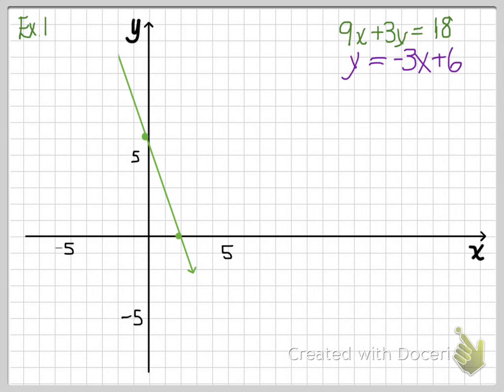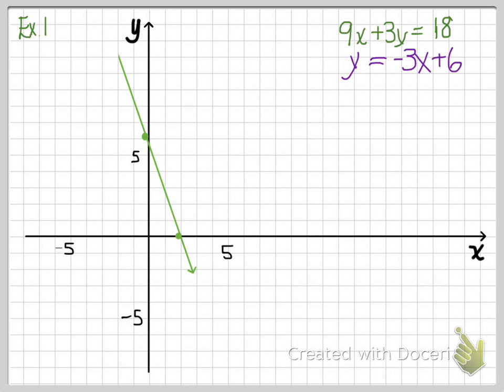Okay, so now we want to graph the other equation. It is in our slope-intercept form, which is nice. So we can get our starting point by covering up this x term, because when x equals 0 is the y-intercept, so x equals 0, 0 times negative 3 is 0, y equals 6.